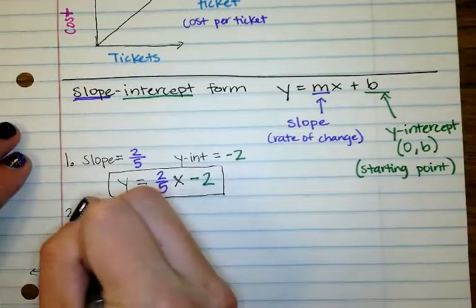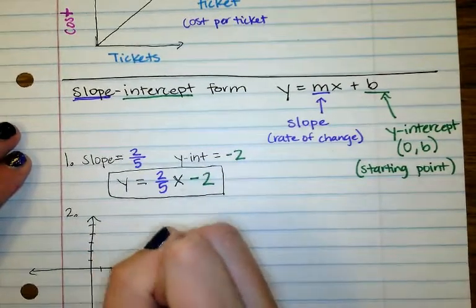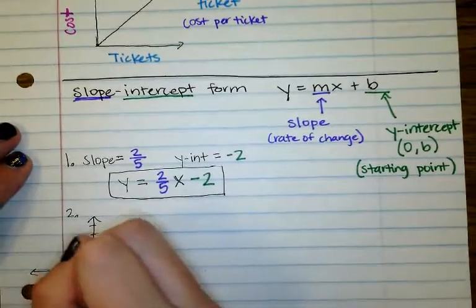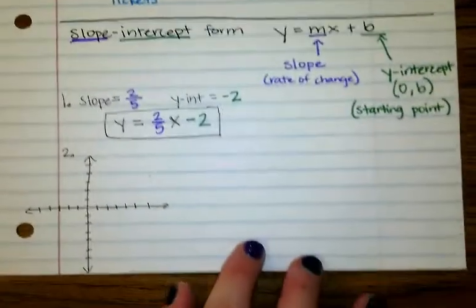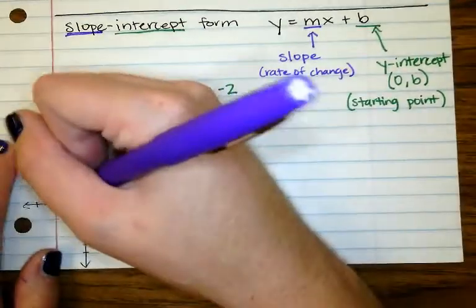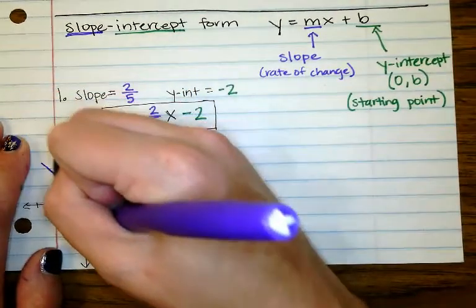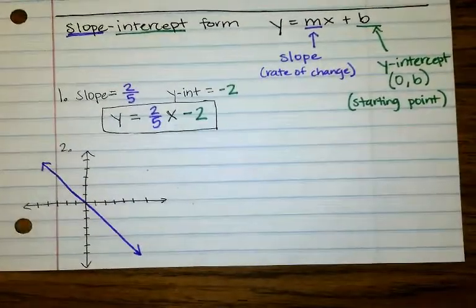You guys good with that? Sorry, I'm going to move it up. Okay, so my line is going to go right through the origin. Okay, so if I needed to find the slope of this line, well, I would pick a couple points here. I'm going to pick maybe this point and this point. Y'all good with that?